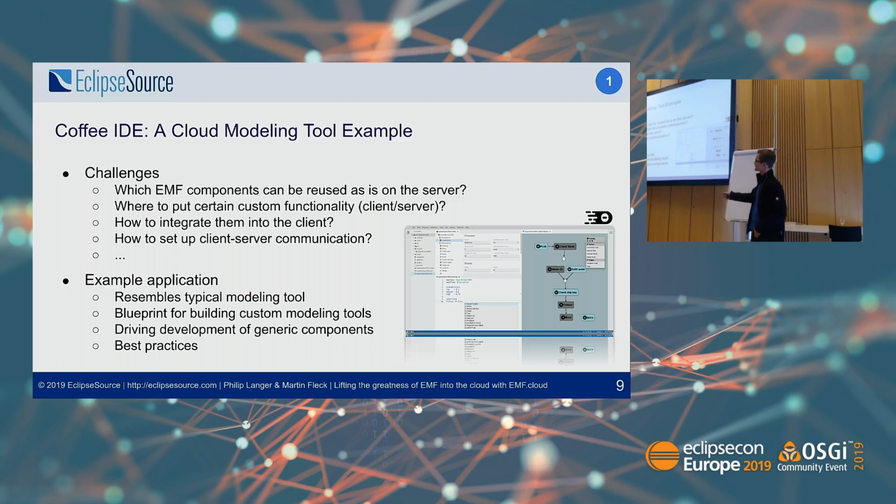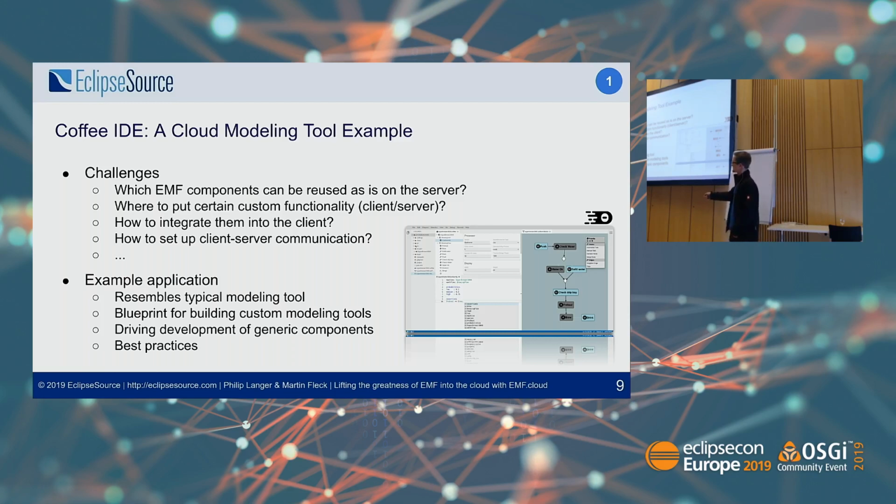The idea is that this tool resembles a typical modeling tool, so we looked at all the tools that we have been building in the last years and extracted those typical recurring parts. By that, it can be a blueprint for developing your custom modeling tool. So you can just get it, look at the code, see how it is done, and try to achieve the same thing. Or if you say, okay, they did it this way, but for my use case it's better the other way, then that's also just fine. But it's really just to help you get started with that.